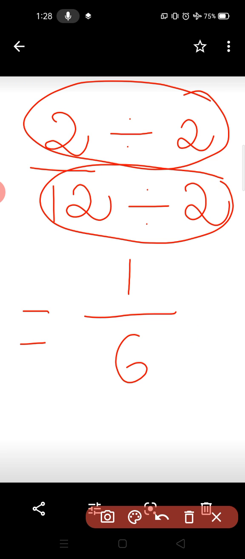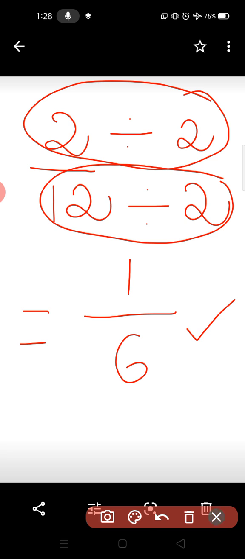Now this is in simplest form. We can say 1 by 6 is the simplest form of the given fraction. So to reduce a fraction to its lowest terms, we have to divide the numerator and the denominator of the fraction by a common factor other than 1. This is done until 1 is the only common factor between them.